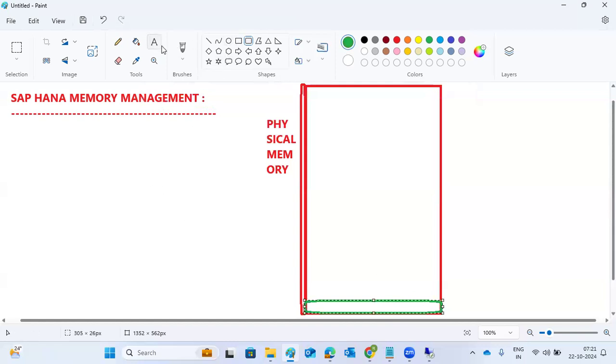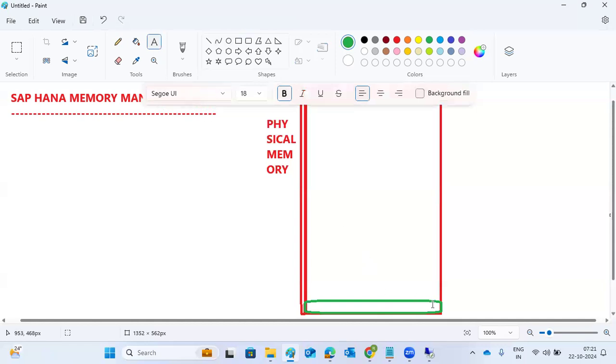This is called the OS memory, used by the OS and other programs, and OS packages.